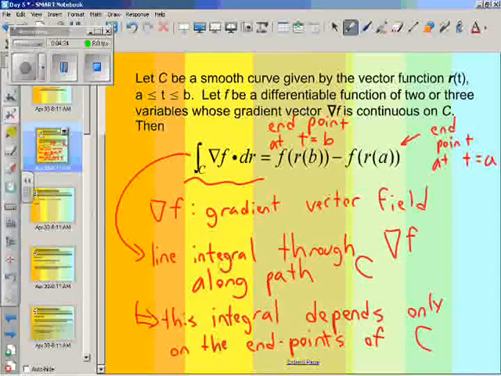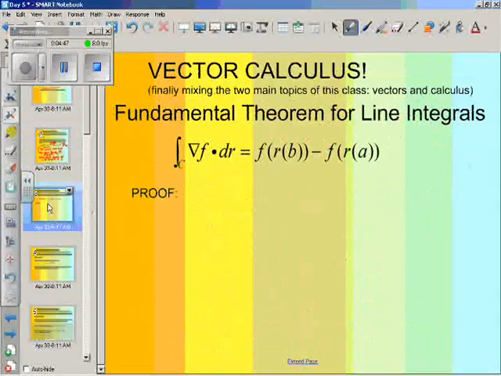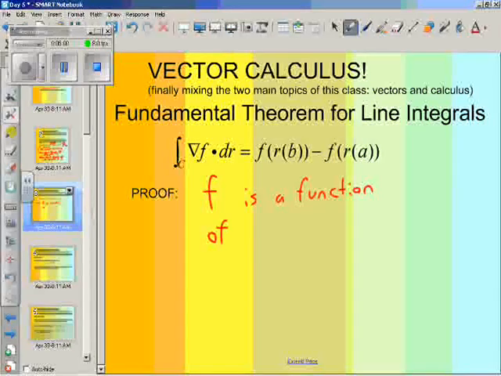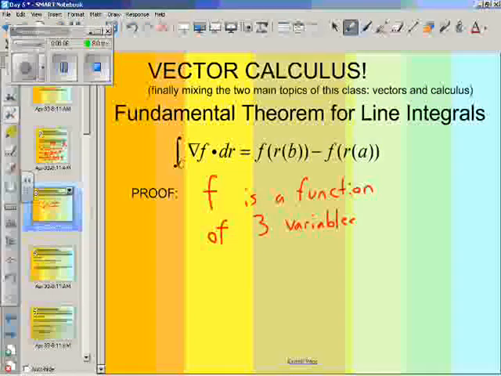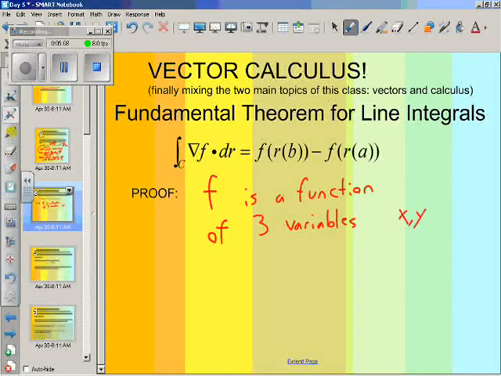Let's look at a special case and at how we can prove this theorem. We're going to assume that f is a function of 3 variables, which we'll call x, y, and z, like we usually do.